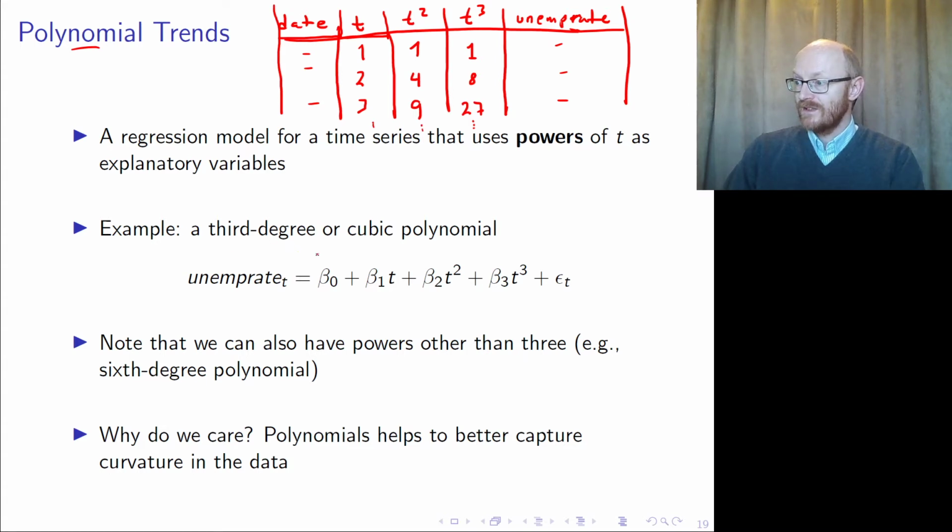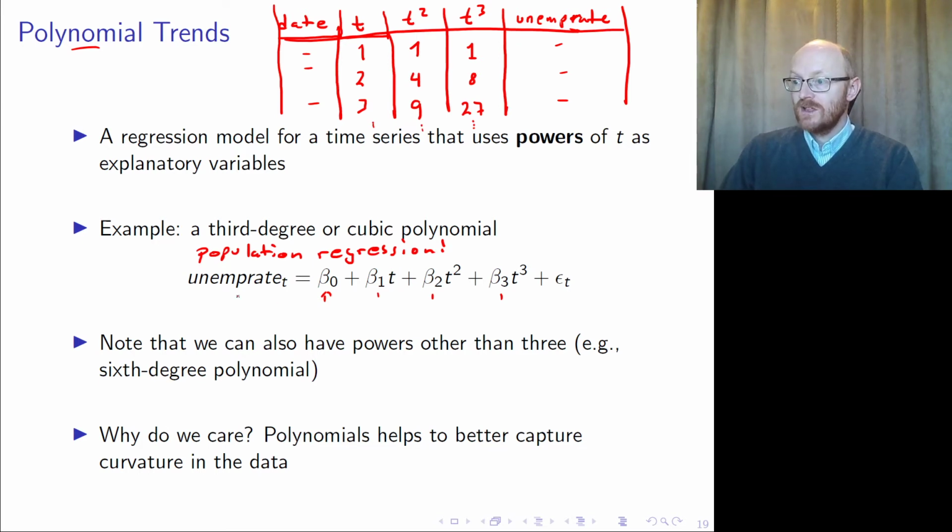So now we can estimate or define the unemployment rate as an intercept. So this is the population regression, and you have the intercept and the slopes for these time variables.